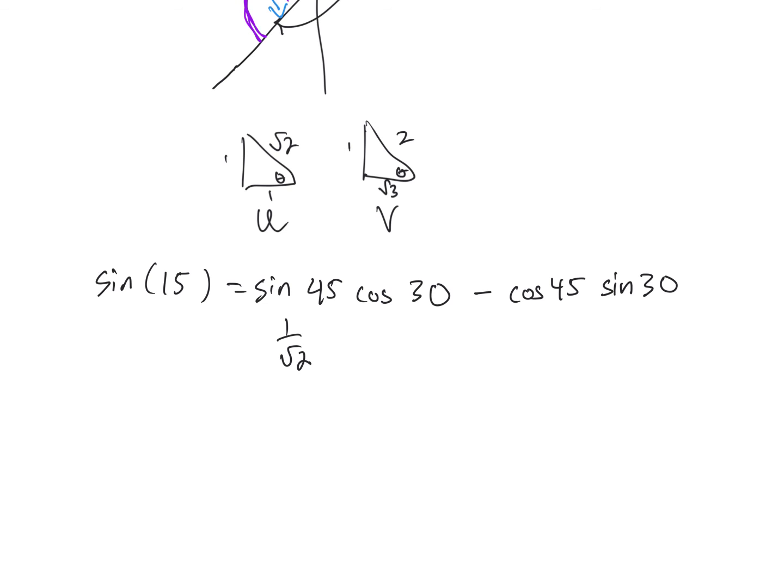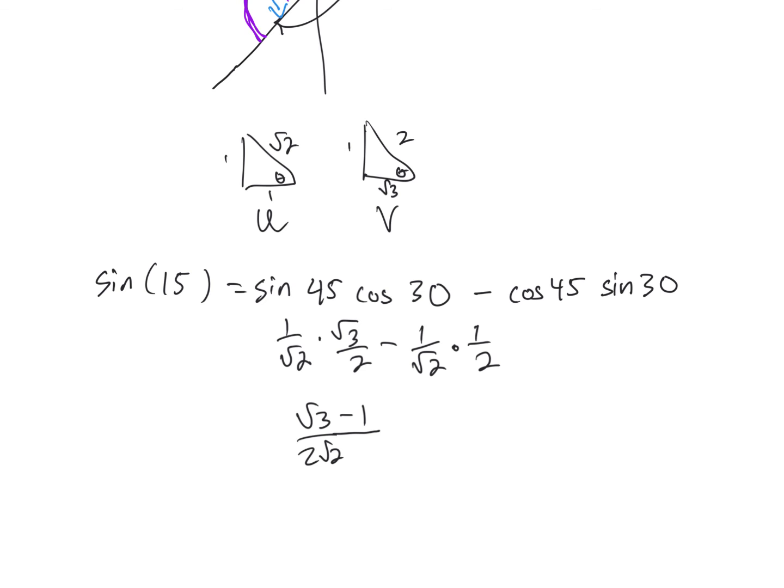Cosine of 30 is root 3 over 2, minus 1 over root 2 times sine of 30, which is 1 over 2. So this is root 3 over 2 root 2 minus 1 over 2 root 2.